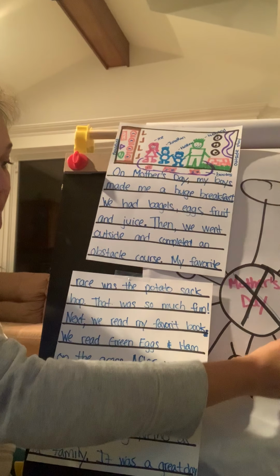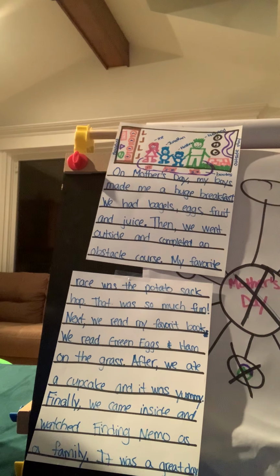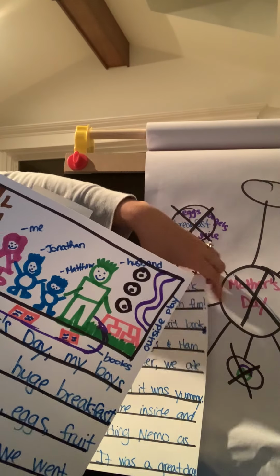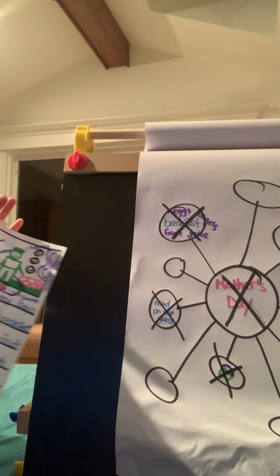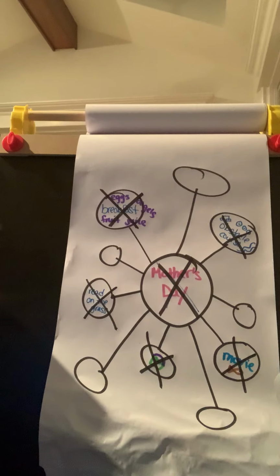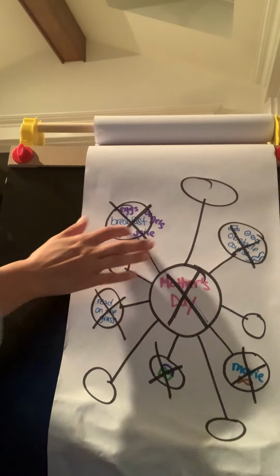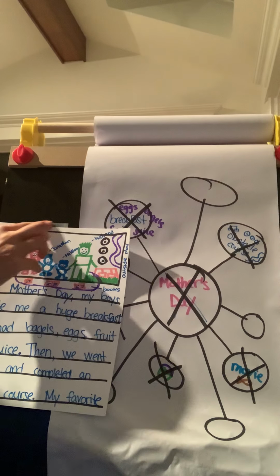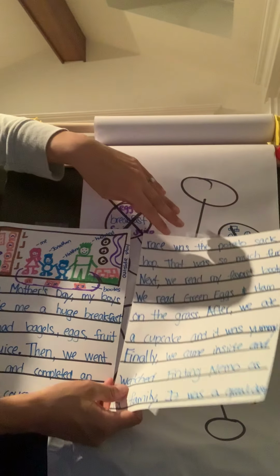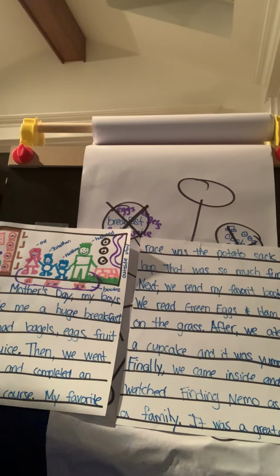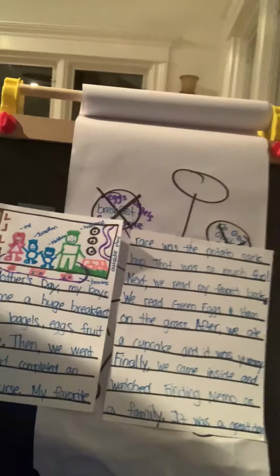Okay, so as you can see, I have my web, right? I used up all the details that I wanted to include. And then look how much I wrote because I was able to write down all of my details.